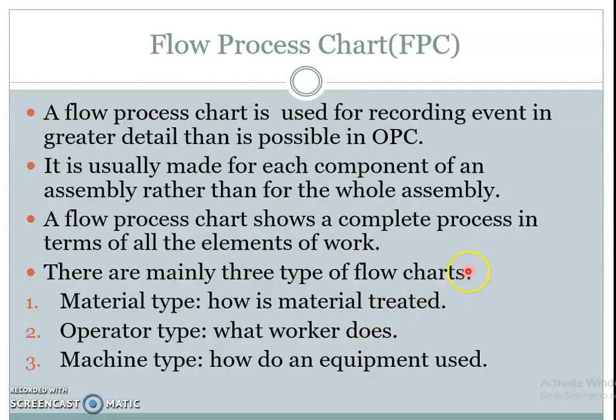Now let us move to the next type of chart, that is the flow process chart. So the flow process chart is used for recording an event in greater detail than is possible in the outline process chart. It is usually made for each component of an assembly rather than for the whole assembly.